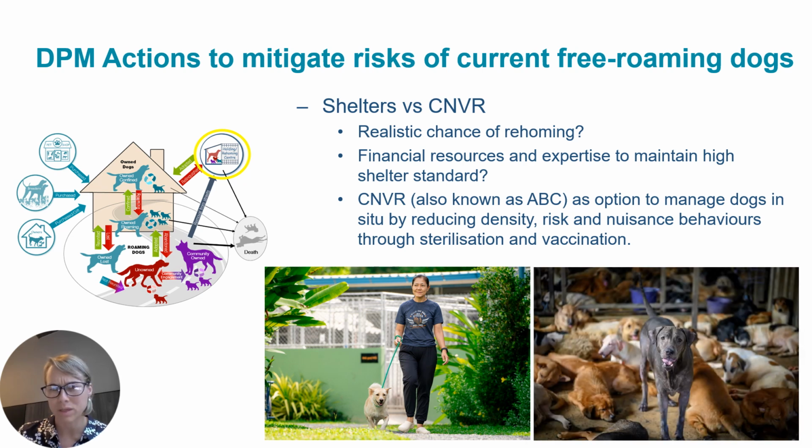But without the ability to build a widespread practice of rehoming, shelters become sanctuaries where dogs live out their lives, so they quickly fill to capacity and cannot take in new dogs. So they're no longer functional in terms of managing the new free-roaming or unwanted dogs. And without sufficient funding, the welfare standards can become very poor indeed. In both cases, the financial resources required are sizable.